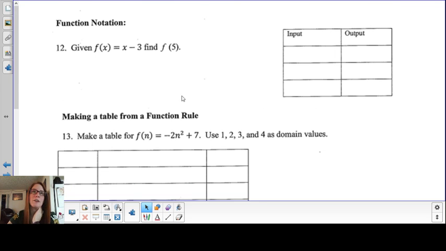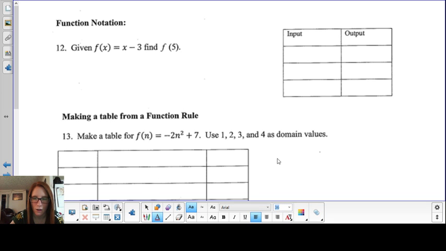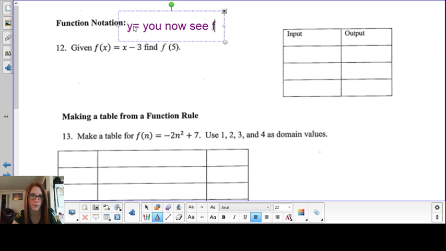Okay, so function notation. Function notation is just changing the way we look at things. So instead of a function being y equals, you now see f of x, or some other variable. Sometimes you see h of x, or g of x.